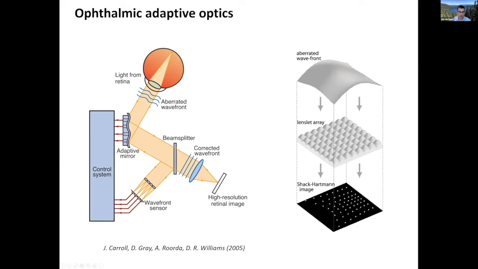Then we feed that information to a device that changes shape, in this case a deformable mirror. This allows us to create much higher resolutions than we could in the past, so that we are now looking through a microscope.